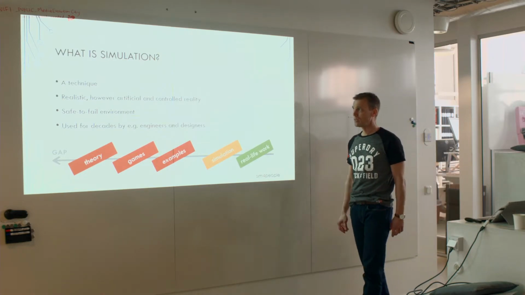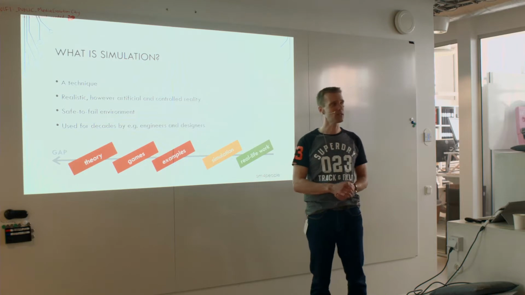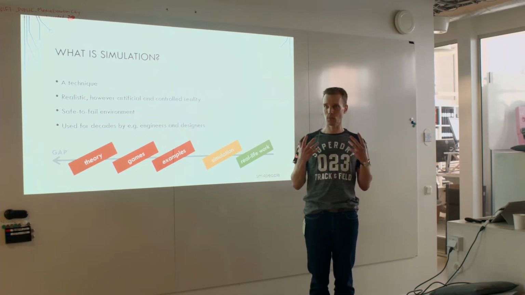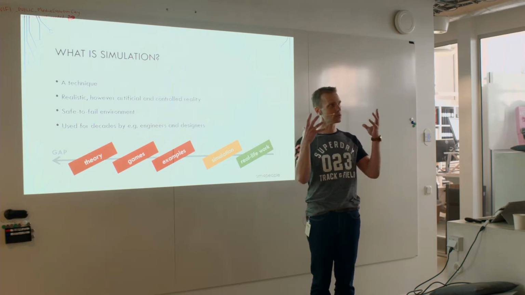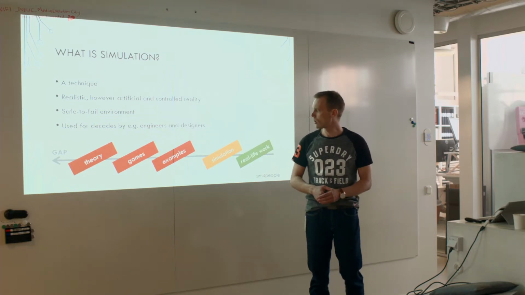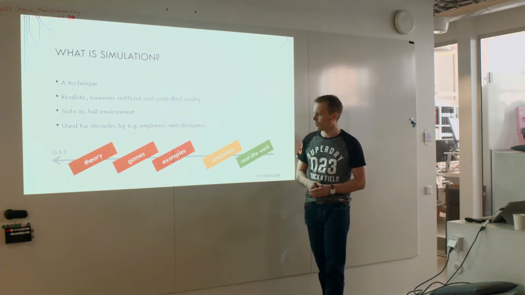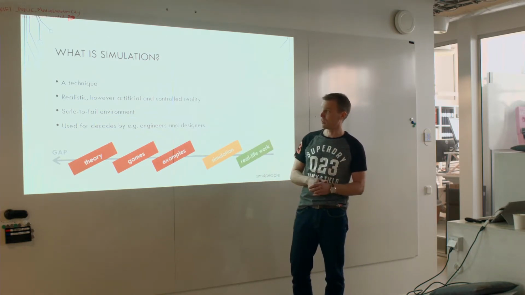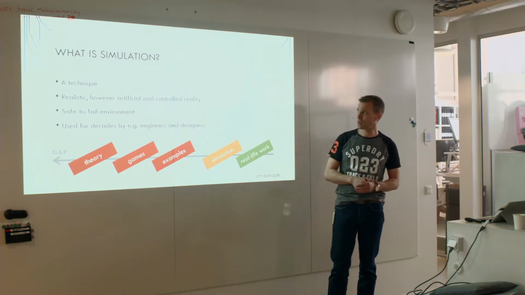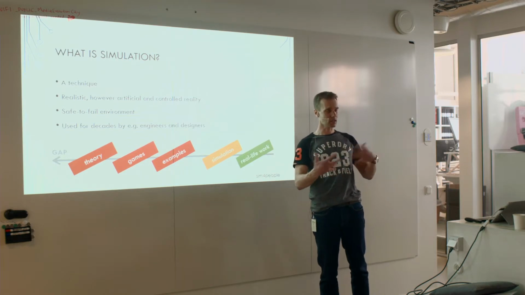Simulation. What is simulation? Because simulation is a fantastic way to practice, but it's only a fantastic way to practice if it's very close to real life. And that is what simulation is all about. We have the real life work, we have the simulation, and it's just a technique. It has to be as realistic as possible, but still it's a controlled environment.